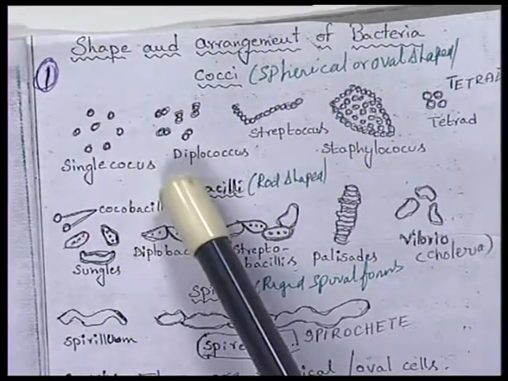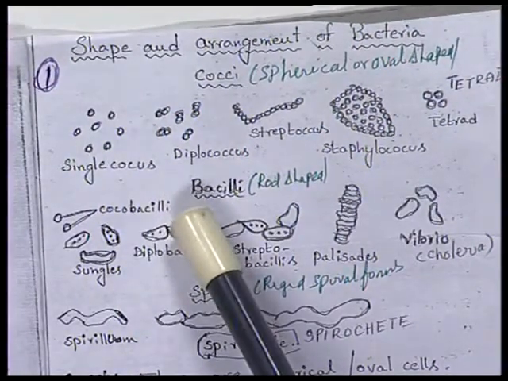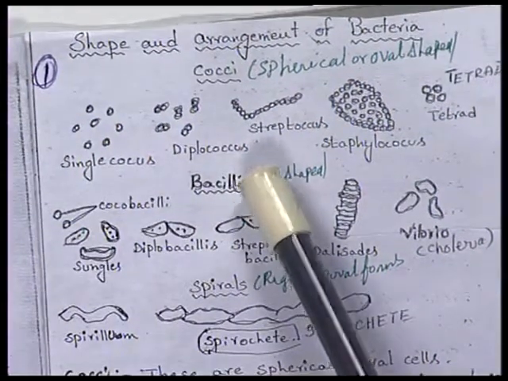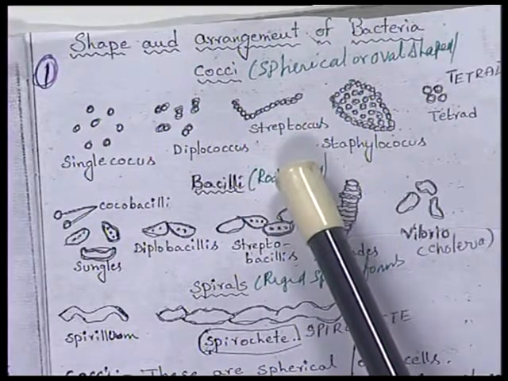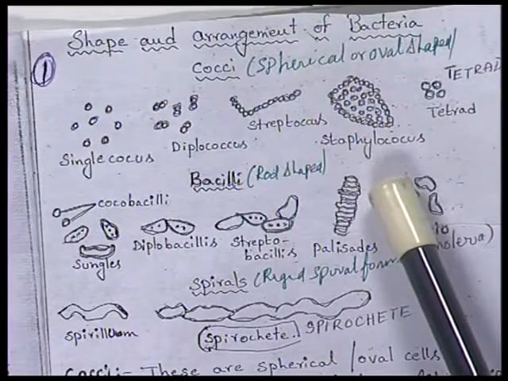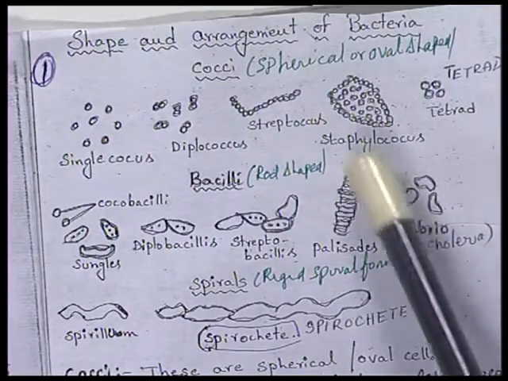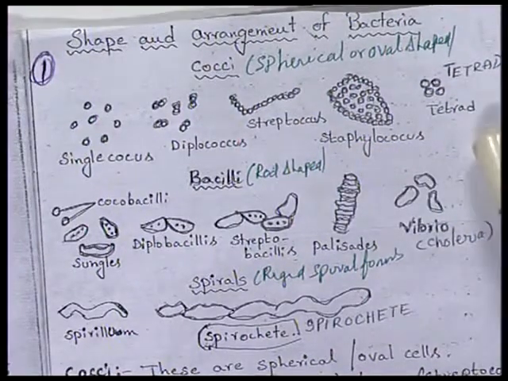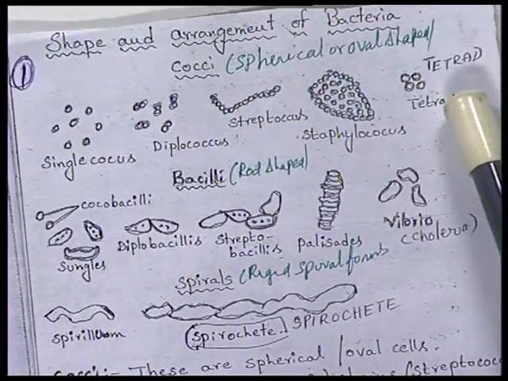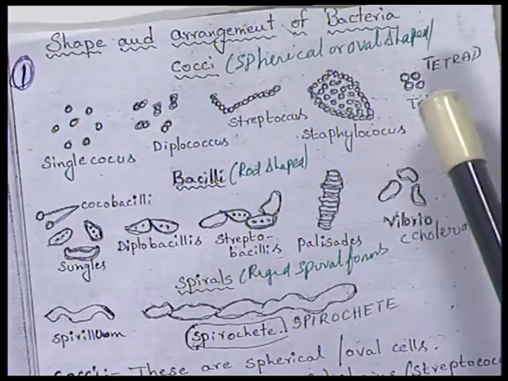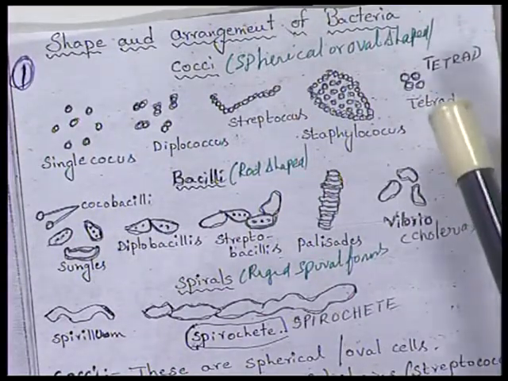Diplococci means two single cells are attached, that is why it is called Diplococci. Whereas this is a monococci, and streptococci is something like a chain formation, and this is what is called staphylococci, something like a bunch of grapes. And the other one is called tetrad. Tetrad means a combination of four individual cocci cells.